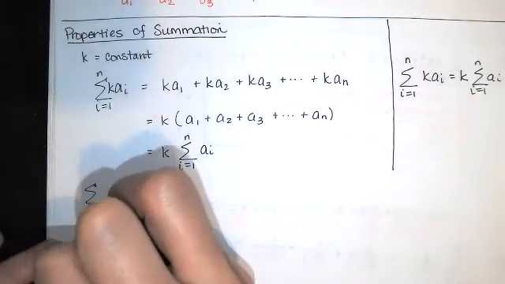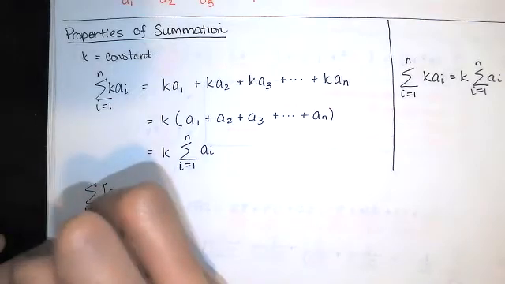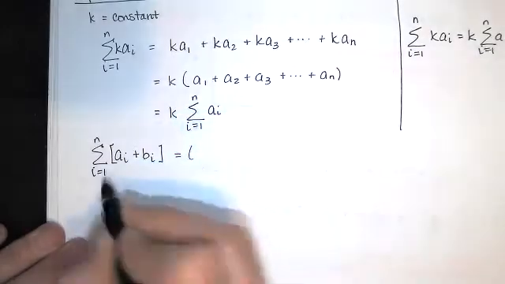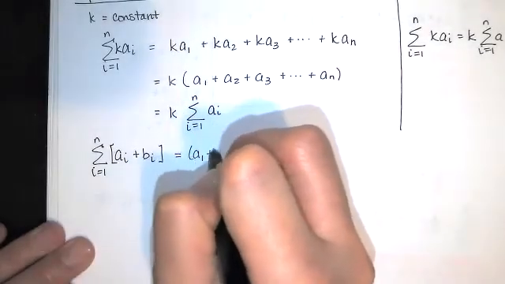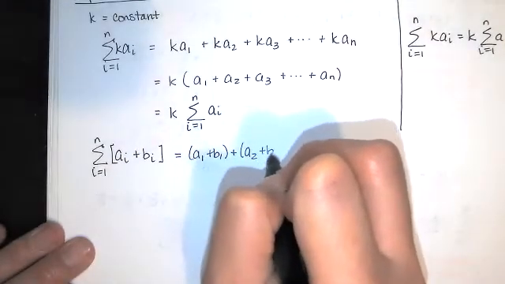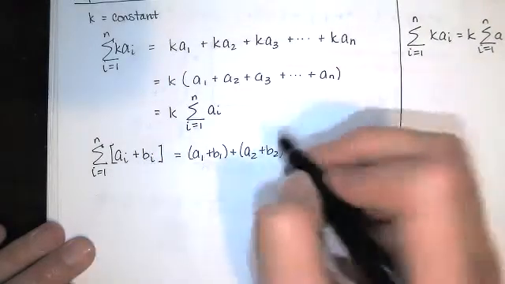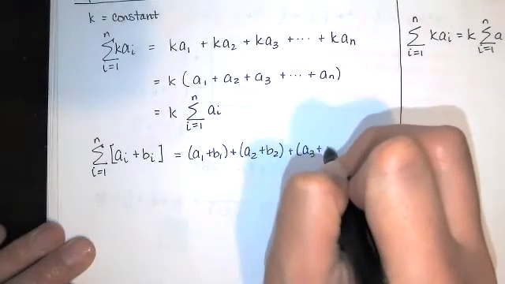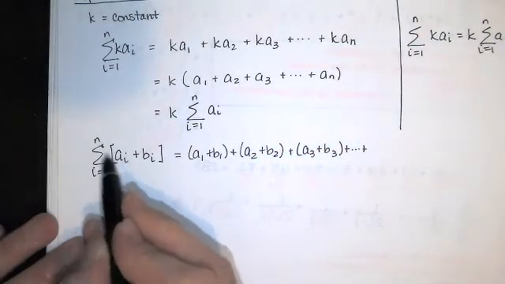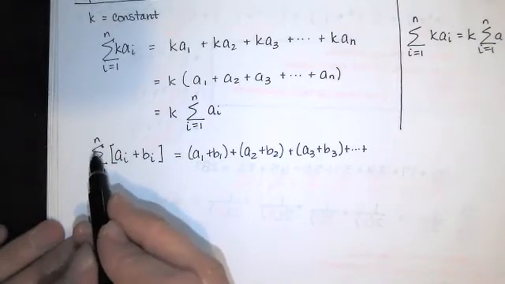Now, if I'm adding a sub i and b sub i inside here, here's another property. Well, when i equals 1, I get a sub 1 plus b sub 1. When i equals 2, I get a sub 2 plus b sub 2. When i equals 3, I have a sub 3 plus b sub 3. And we keep going until we get to a sub n plus b sub n, and we stop there because the upper bound of the summation is n.